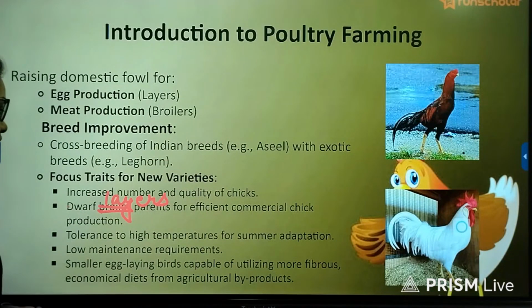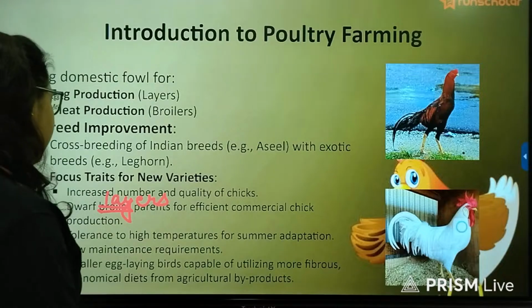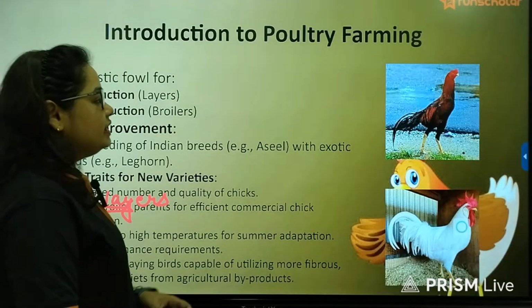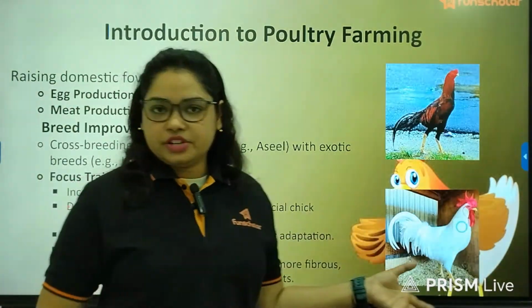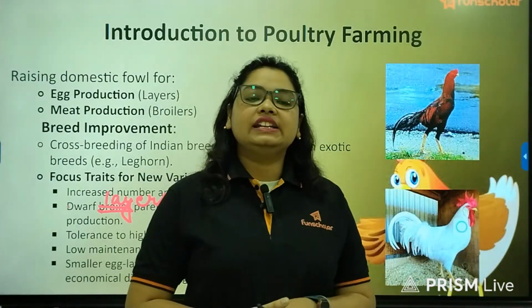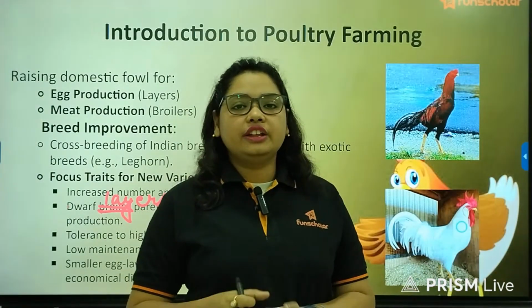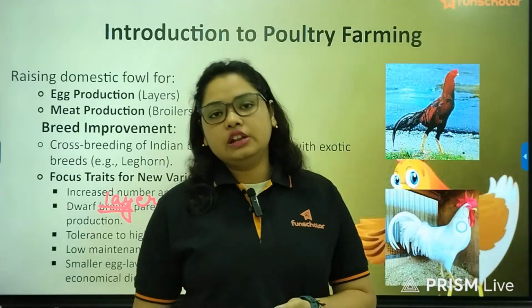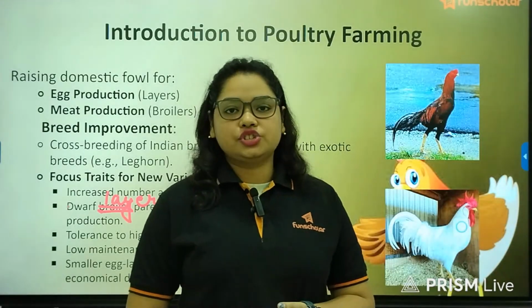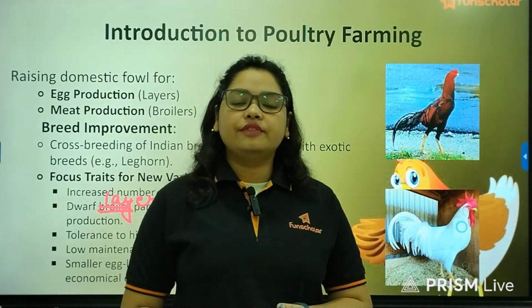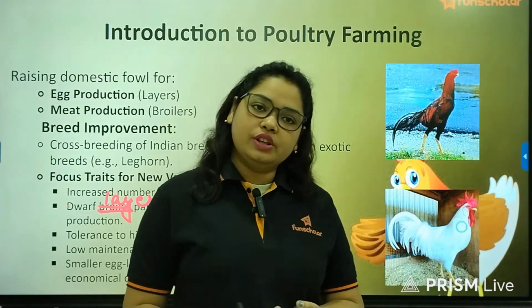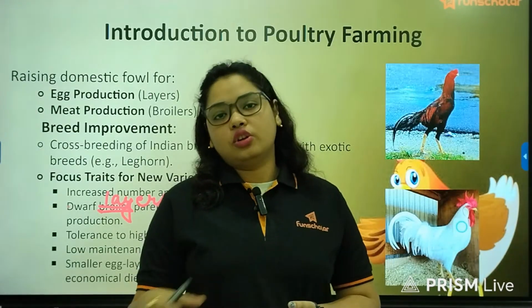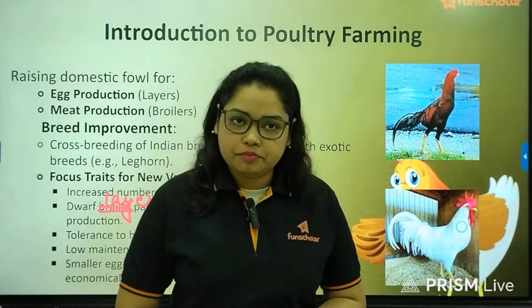Then, tolerance to high temperature for summer adaptation, because they are bird species that we all know, and hence they are very vulnerable to extreme harsh weather conditions. Whenever there is high temperature during the summer, they cannot tolerate that, and ultimately they perish.